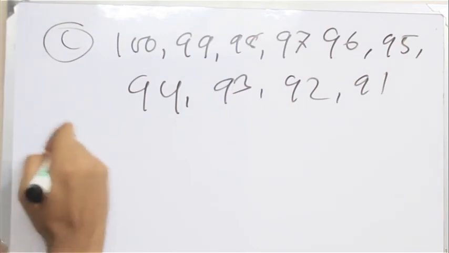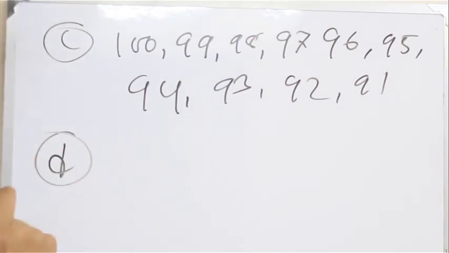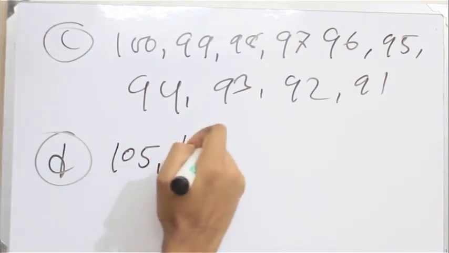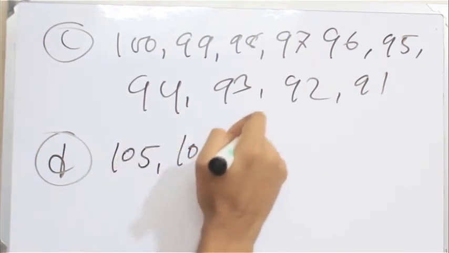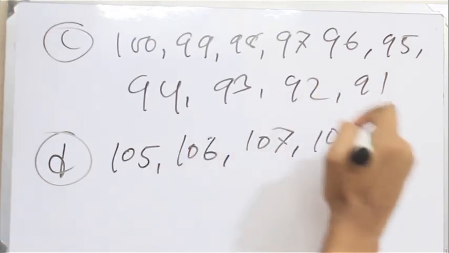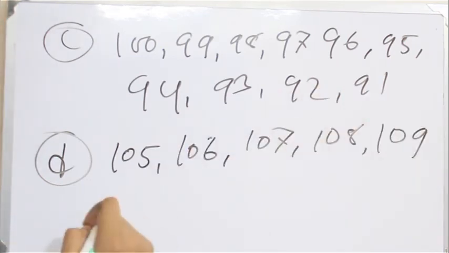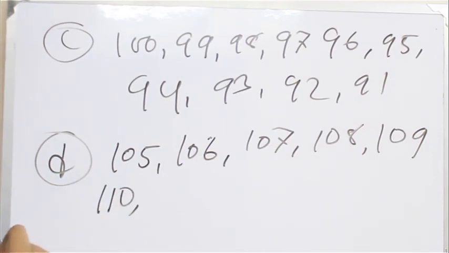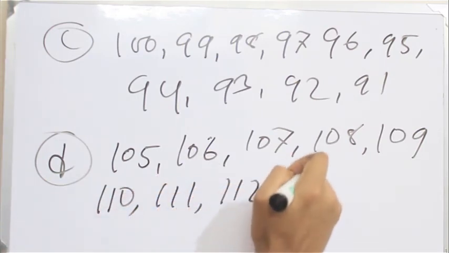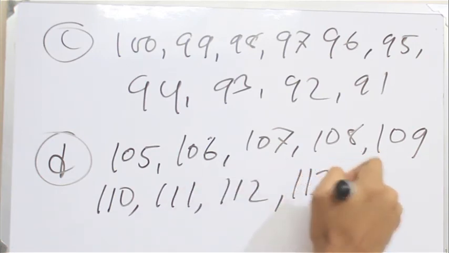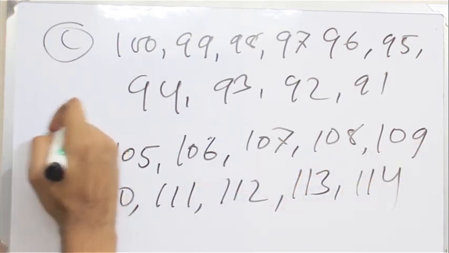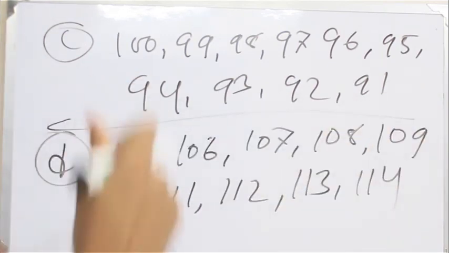And here in the D you will get 105, 106, 107, 108, 109, 110, 111, 112, 113 and 114. This is the answer for C and D.